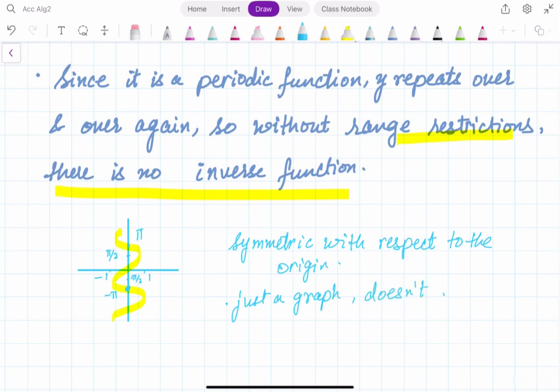They are not the function, because for a function to be a function, it should pass the vertical line test. And as you can see from this graph, it doesn't pass the vertical line test. It is just a graph. It is just a different way of understanding this. So, and as I said earlier, it will be considered as odd.